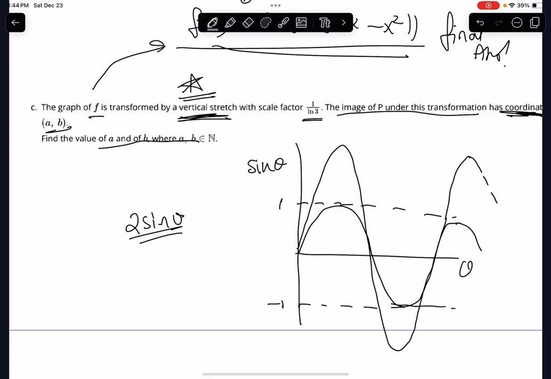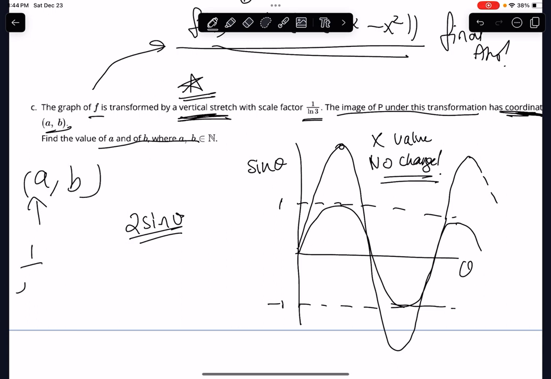As you can see, the x values did not change. The only thing that changed is your y values. So if you have a comma b, where a is the x value, and you scale it by 1 by ln 3, then you're only going to affect b, which is the y value, because it's a vertical stretch, and a is not going to be affected.